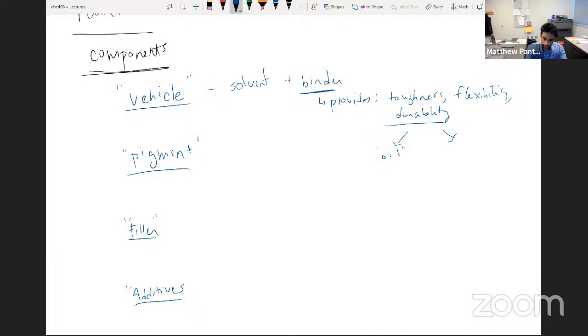And the oil is a bit of a misnomer, but not exactly. It has a historical purpose. So latex, you may all be familiar with. To some extent, that's rubber, or what rubber originates from. Historically, people would take natural latex.